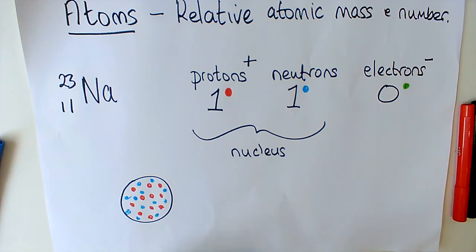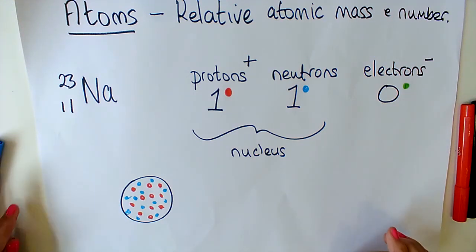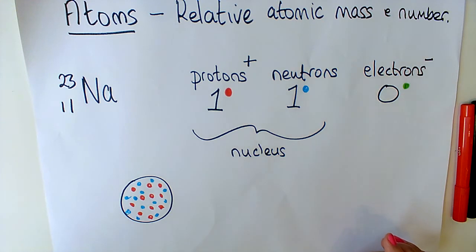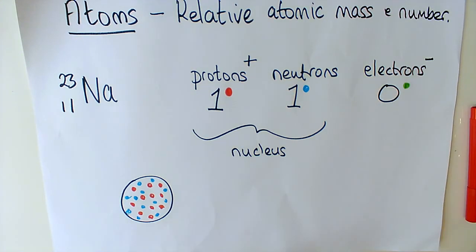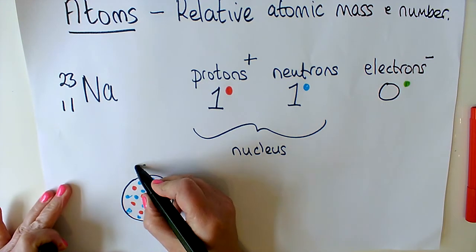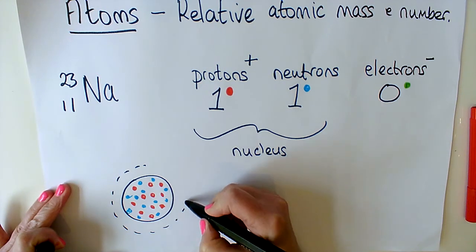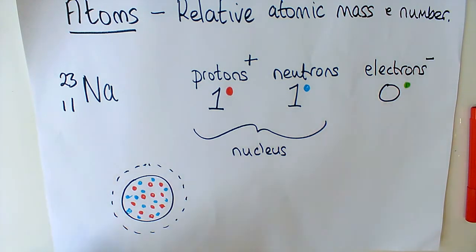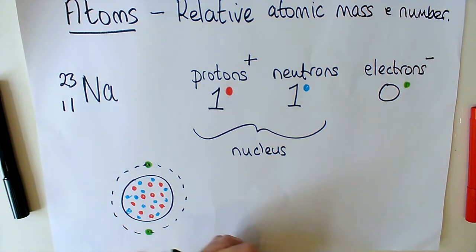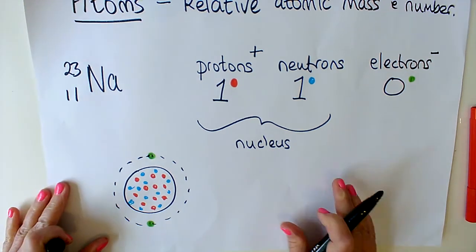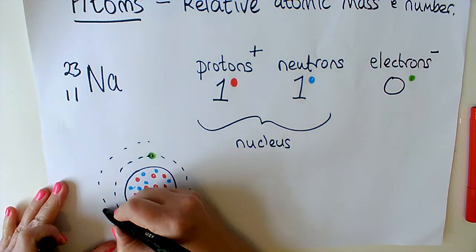The electrons orbit around the nucleus in electron shells. Each shell can only hold a certain number of electrons. The inner shell of any atom can only ever hold 2 electrons. So if I draw my inner electron shell for sodium, 2 electrons will fill that inner shell, but sodium has 11 electrons, so where do the other ones go? We have another shell around that.